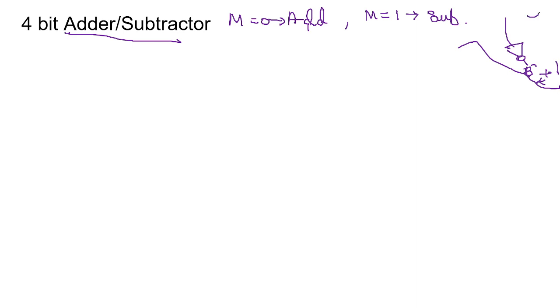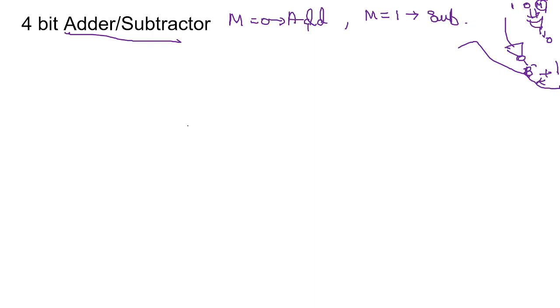So I can use an XOR gate to take the inversion. Say I have M, if it is 0, I will get 1. If it is 1, I will get 0. I will perform the NOT operation and I will add this M to the adder.